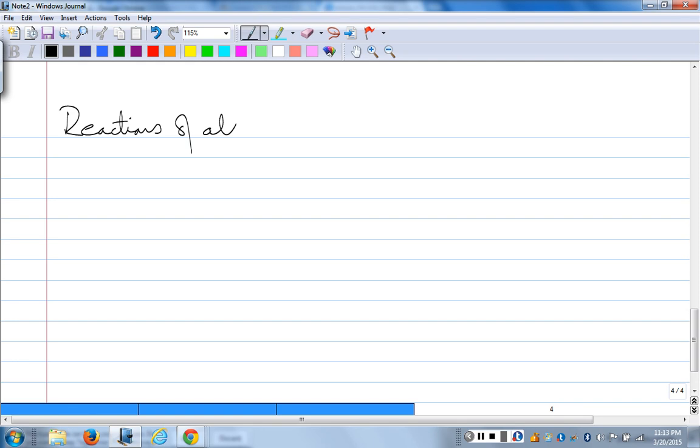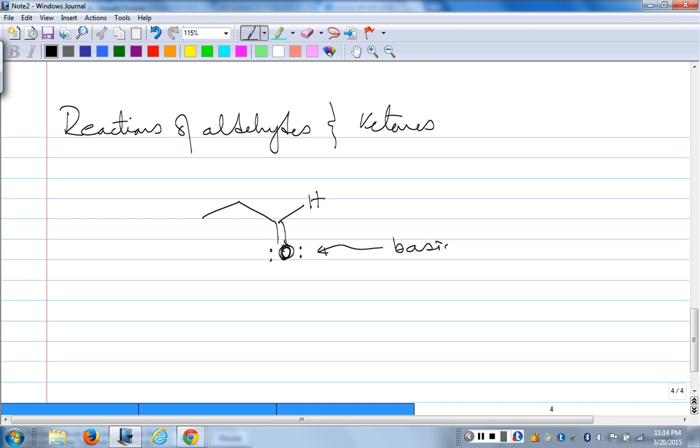So I'm going to draw a generic aldehyde, and we're going to examine what kind of chemistry we expect them to undergo. Well, it's got carbonyl O, and they have lone pairs of electrons. And by virtue of the lone pair, I'd expect it to be basic and nucleophilic.